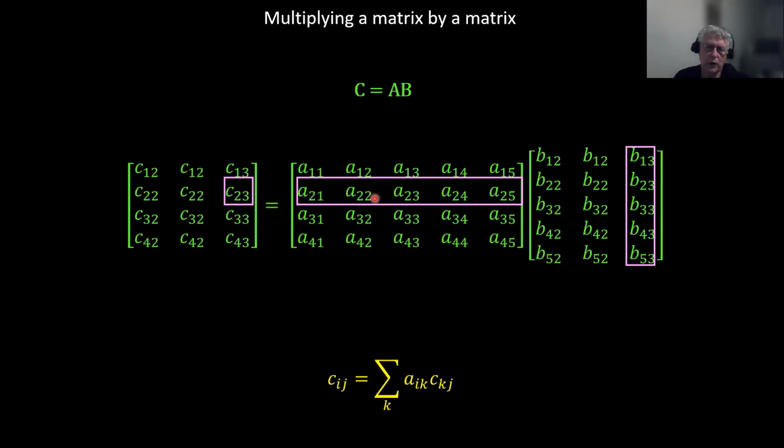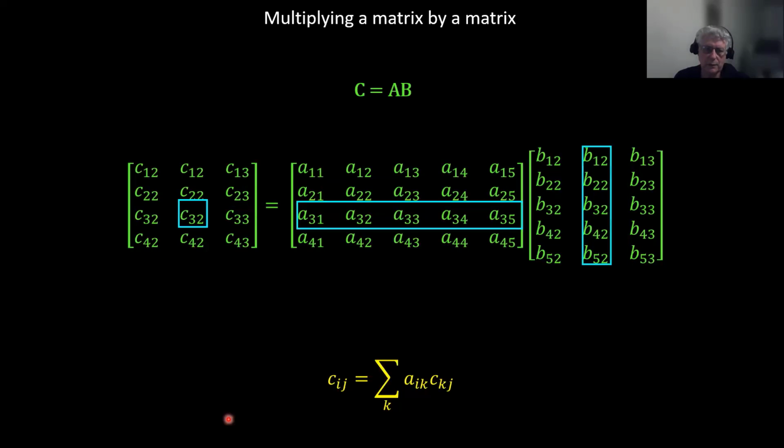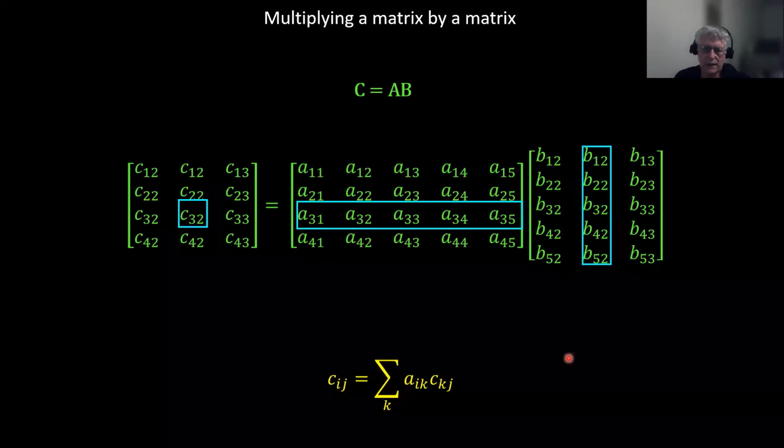I go along row 2 of A, down column 3 of B, multiplying and adding as I go, according to this yellow equation, and that'll give me C23. Similarly, for C32, I go along the third row of A, down the second column of B, multiplying and adding as I go, according to the yellow equation, to give me C32.